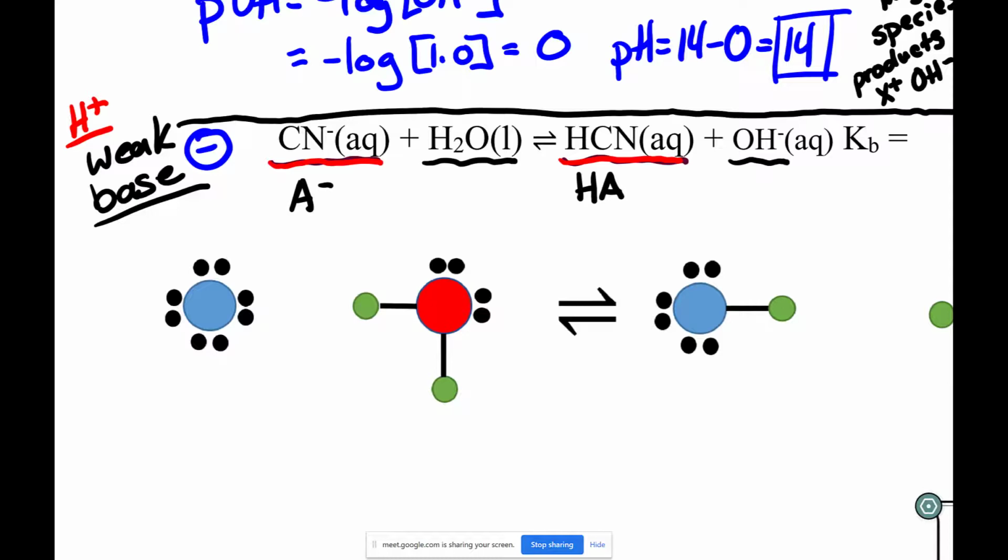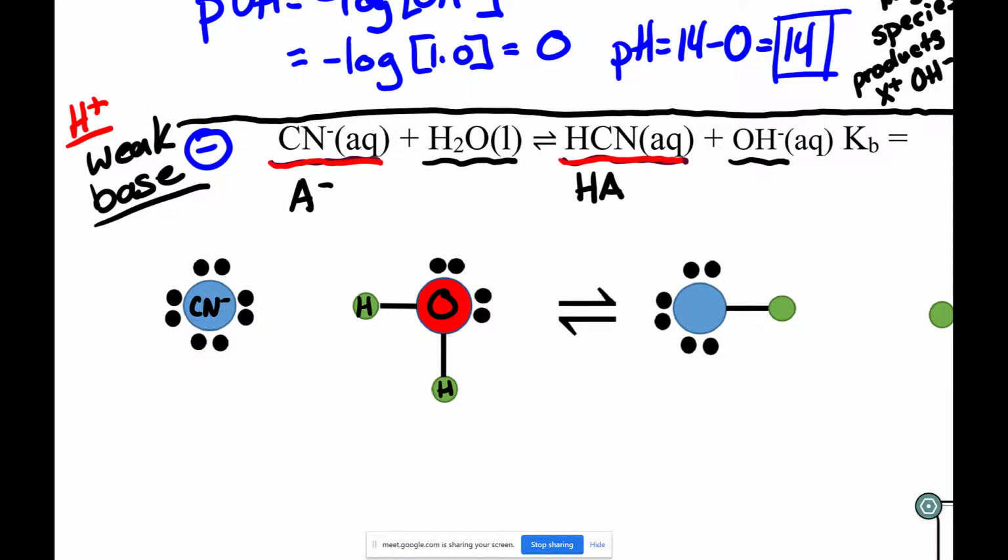This makes sense because hydrogens, which are positive, are attracted to negatives, and so quite often they will stick onto the negatives. So let's imagine that this here is CN minus. An H here, if it bumped into this CN minus, will be really attracted to it.